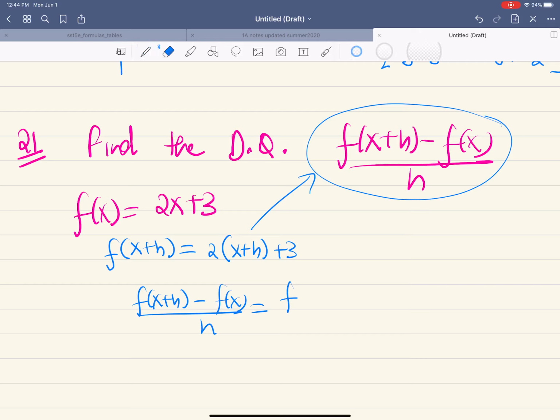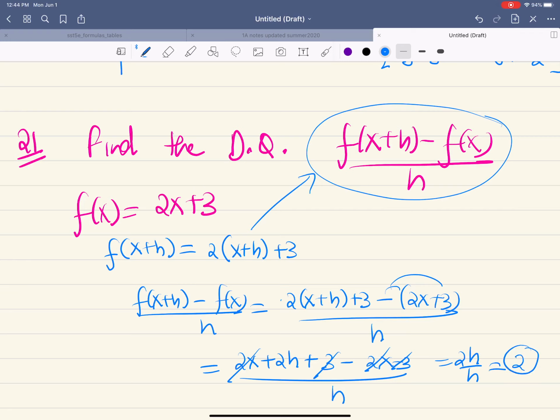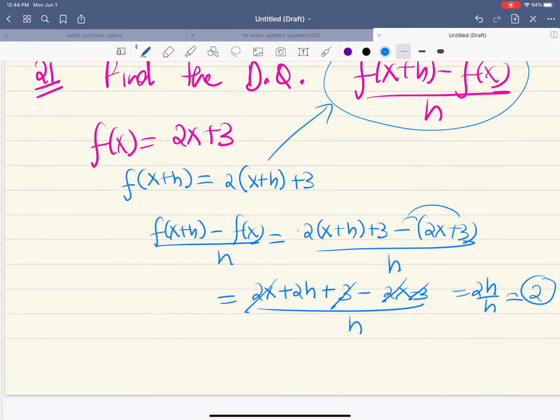That is 2 times x plus h plus 3, minus 2x plus 3. I put the parentheses because I have to distribute the negative sign. So I have 2x plus 2h plus 3 minus 2x minus 3, divided by h. The 2x is cancelled, the 3 is cancelled. I'm left with 2h over h, which is equal to 2. So my difference quotient is 2 in this case.